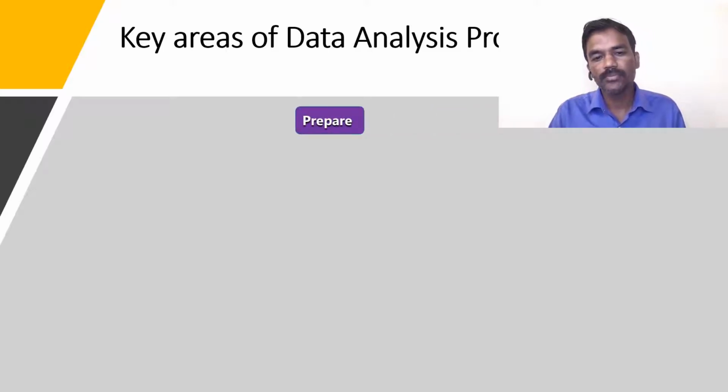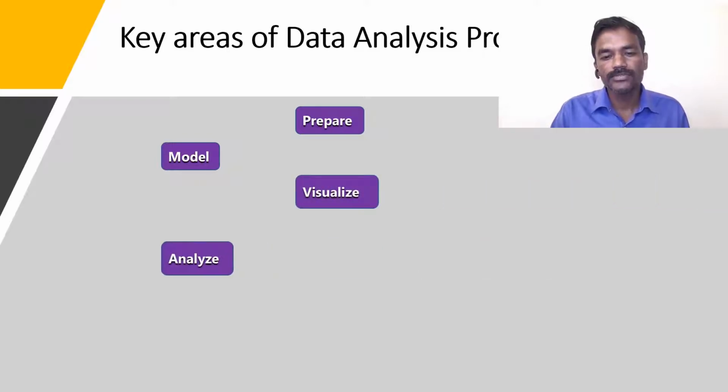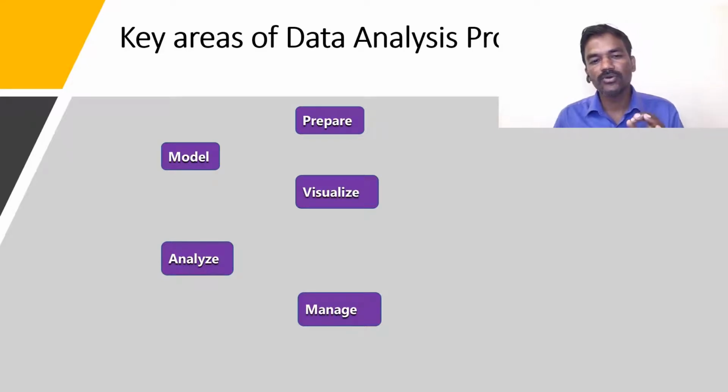The first thing is prepare, which is the preparation of the data. Then second is model: whatever data we have, we create a model, and then visualize, analyze, manage. These are the areas, and now we are going to see each of them in detail, meaning what is done in every step by a data analyst.